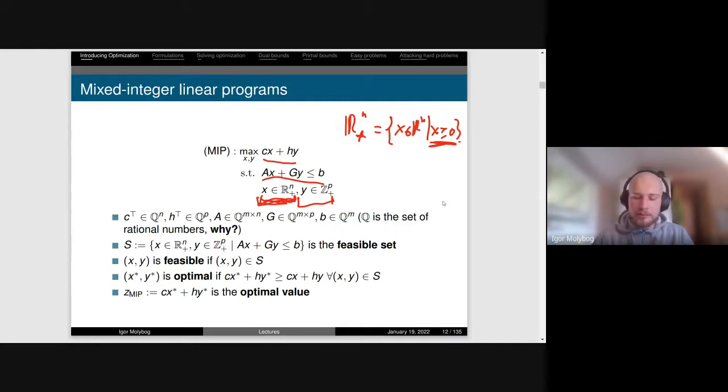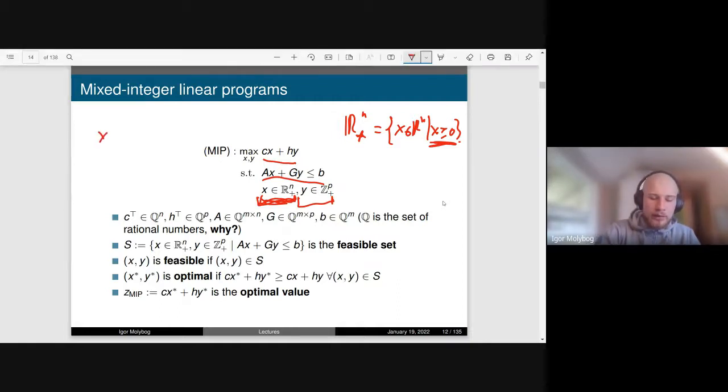You can think about the tuple of vectors x and y as follows: previously we had just one variable vector. Now we have a larger vector that consists of two parts, part x and part y, and part x has n components, and part y has p components. That is written right here.